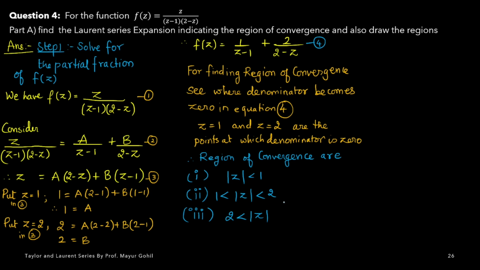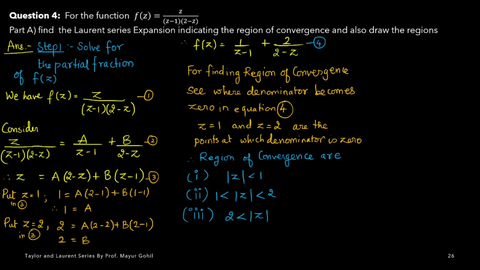Anytime you have two numbers which are different, you get these three regions. Now there is one important thing you have to remember. Suppose you have z equal to 0 and then z equal to 2.